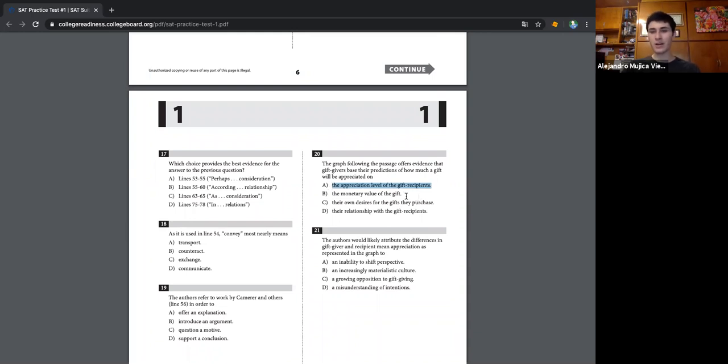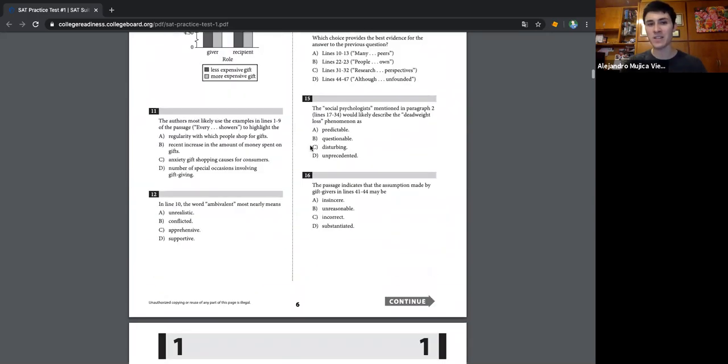Yeah, but that means that they're actually thinking, what would the gift recipient think. Okay, so let's interpret the graph together. If this were the case, it would mean that they would accurately predict what gift recipients would think.